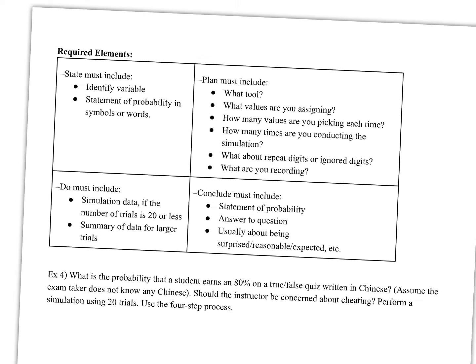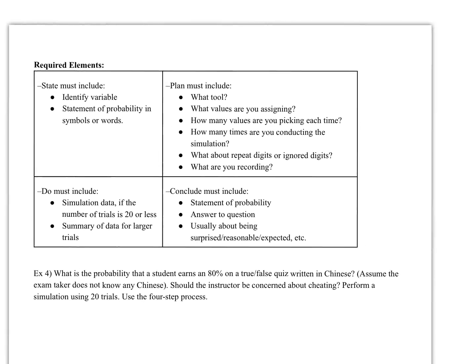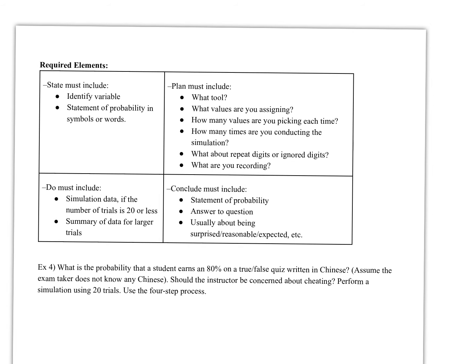So we have some required elements we have to have. When we do the state part, we have to identify our variable and have a statement of probability in either symbols or words. Our plan must include what tool we're going to use, what values we're assigning, how many values we're picking each time, how many times we're conducting the simulation, what we're going to do about repeated or ignored digits, and what we're recording.